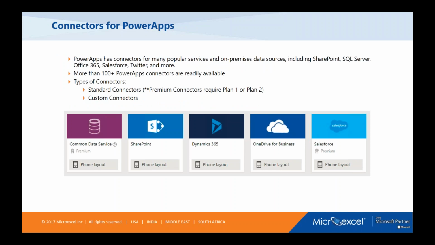Before we jump on to the demos, I would like to highlight and define what a connector is in PowerApps. PowerApps is basically presenting your data through the app, or you're customizing your SharePoint list forms. To present the data, data has to come from a data source. These data sources could be a variety of applications or line of business.